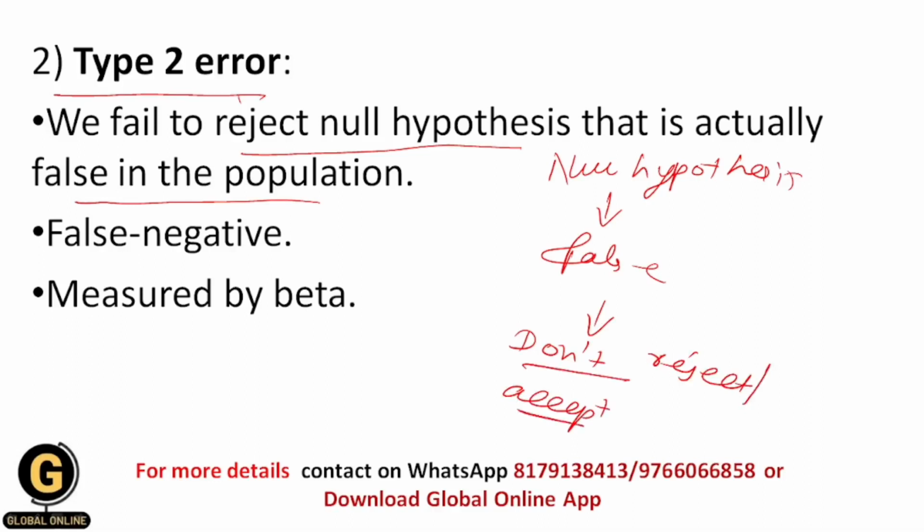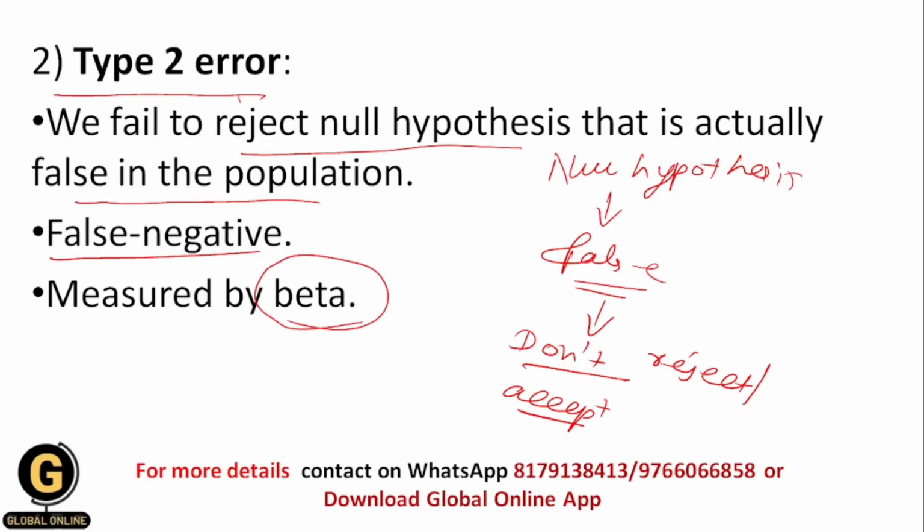That's why we call it false negative, because it is incorrect, it is false, and we are accepting it. It is measured by beta.